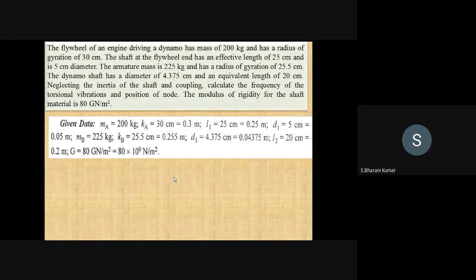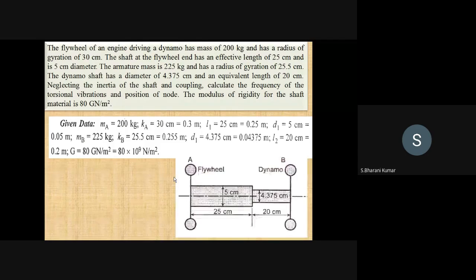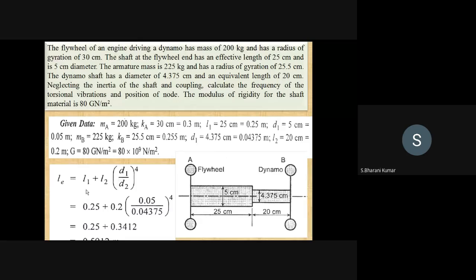Same as what we saw with millimeters being converted into meters, here also we convert centimeters into meters. The given value is in centimeters, so you want to convert it into meters. You are going to find the length of the equivalent shaft, so only one step is needed.